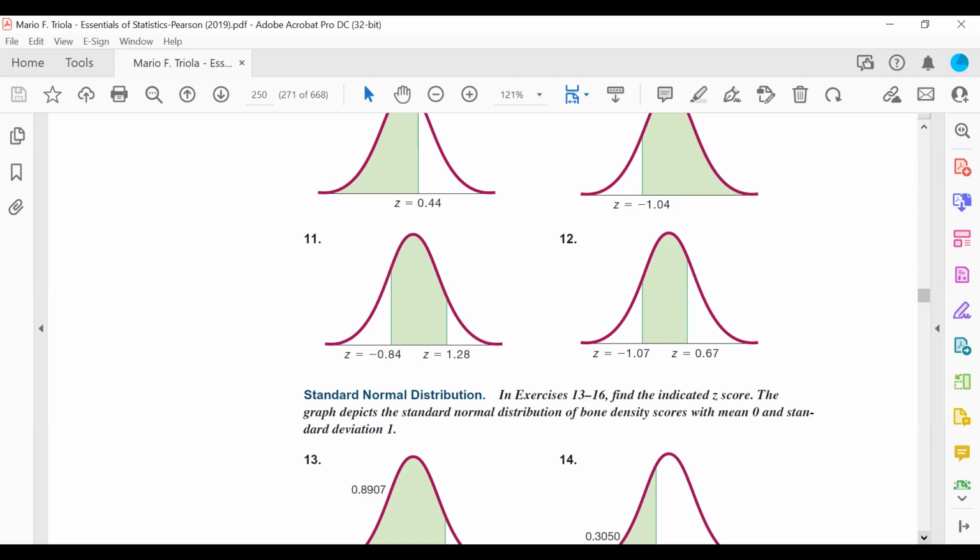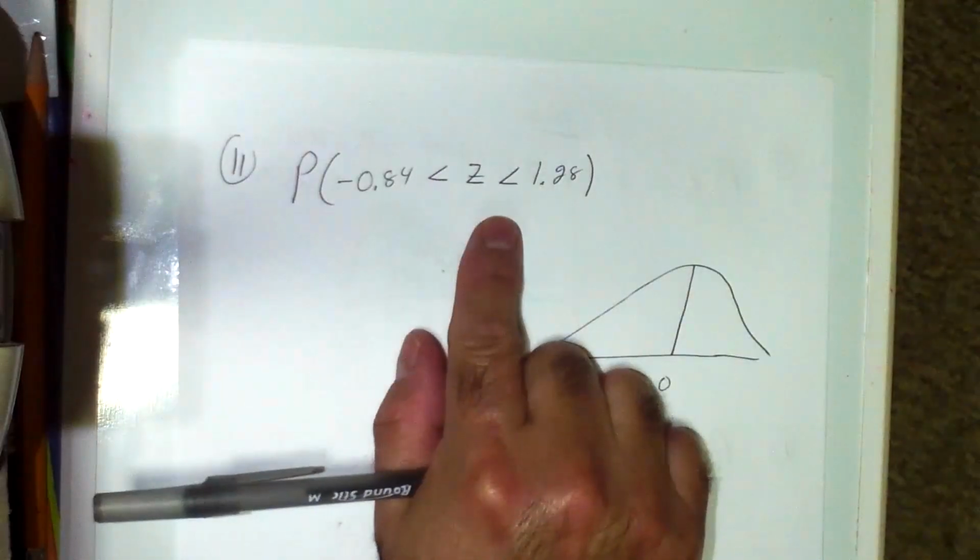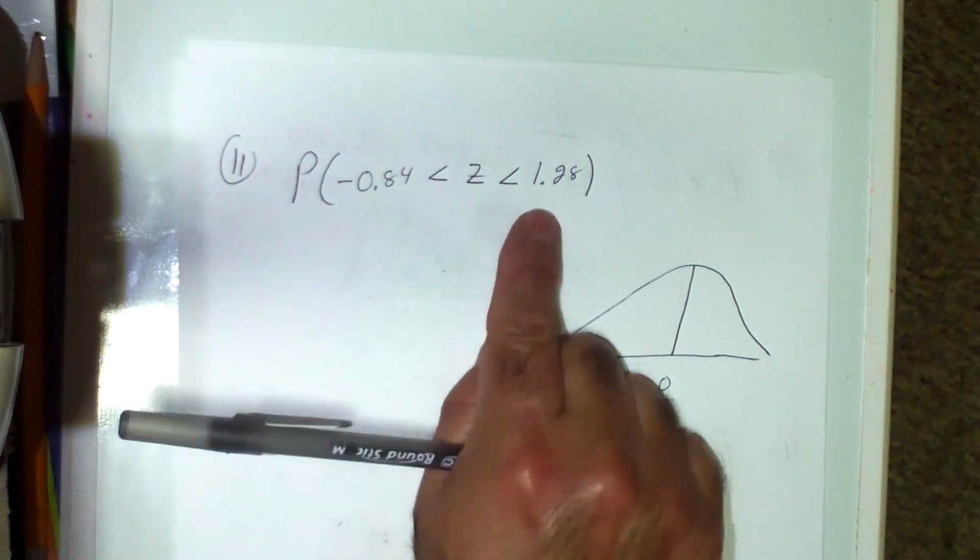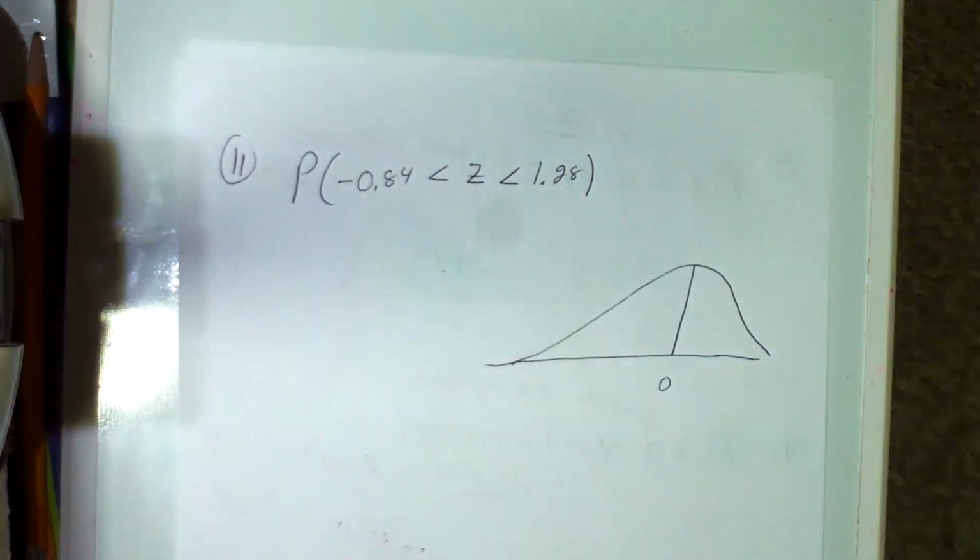So you put the smaller number on the left of Z and the larger number on the right of the Z. So this is how you write an in between probability. Review. Here's in between. That's how you write it. You write it as a compound inequality. Smaller left, larger right.